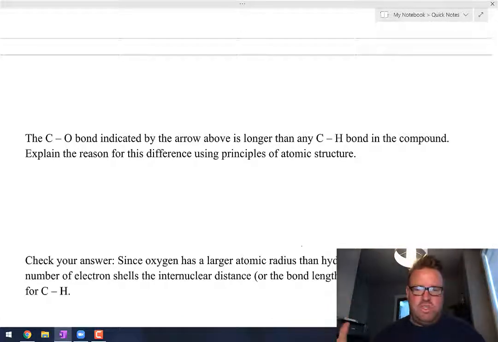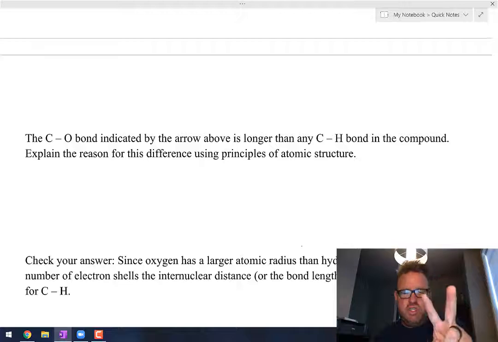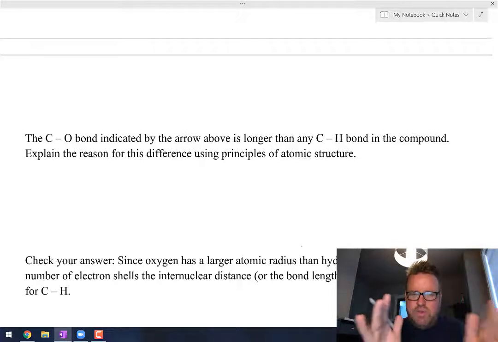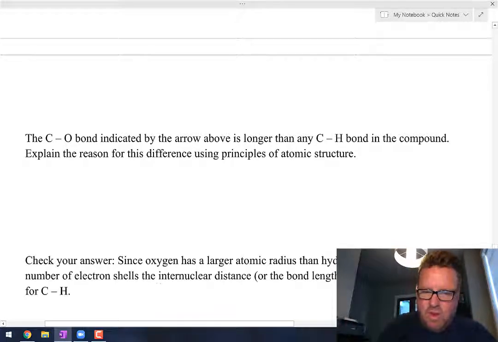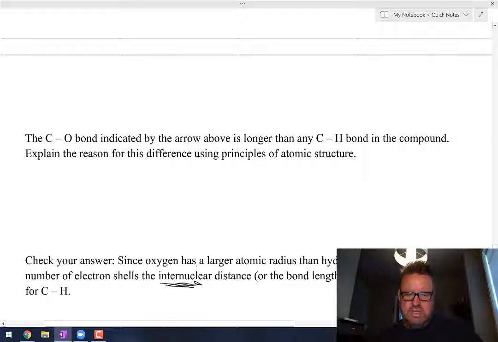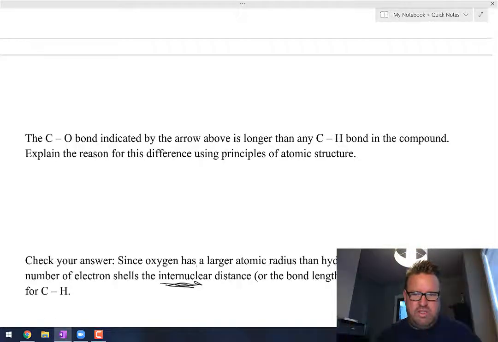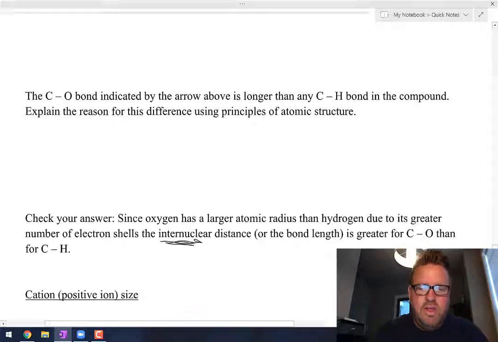Because it has more electron shells. Oxygen has 2 electron shells. Hydrogen only has 1. Therefore, the distance between their 2 nuclei, or get fancy here, their internuclear distance, that's the distance between the nucleus of one atom and the nucleus of another atom, is going to be greater for carbon and oxygen than it is for carbon and hydrogen.